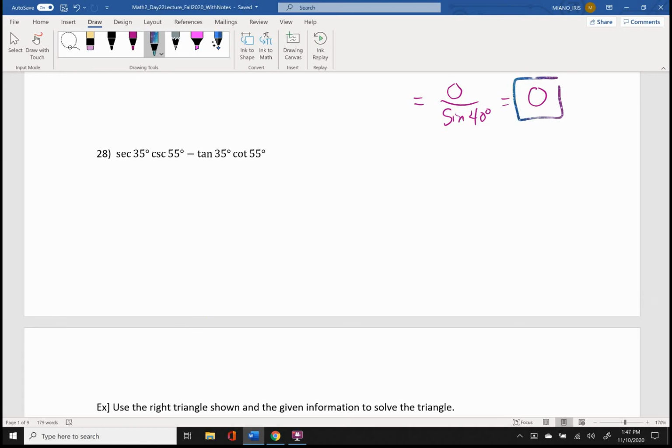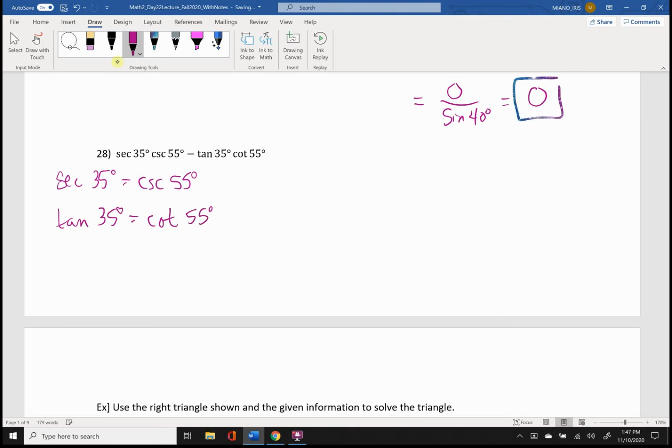So we can go ahead and say secant of 35 degrees is equal to the cosecant of 55 degrees. Furthermore, tangent 35 degrees is equal to cotangent 55 degrees.